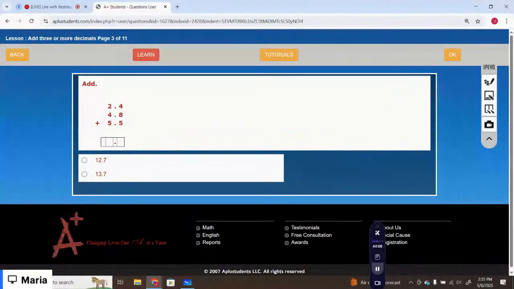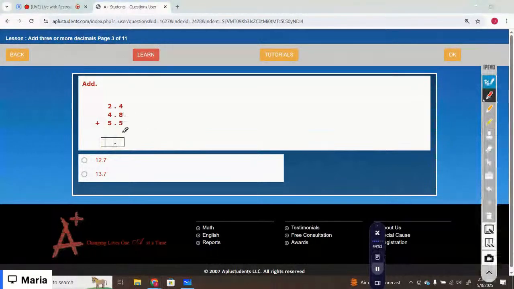2.4 plus 4.8 plus 5.5. 13 and 4, 17. Write 7 and carry 1. 5 and 4, 9 and 1, 10, 11, 12. That is 12.7.